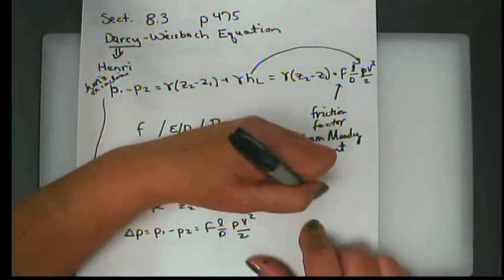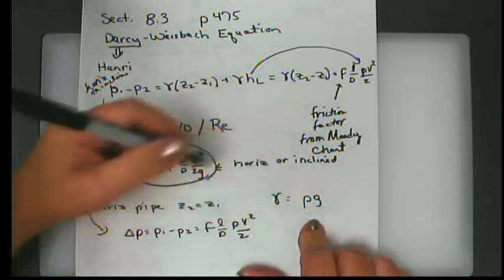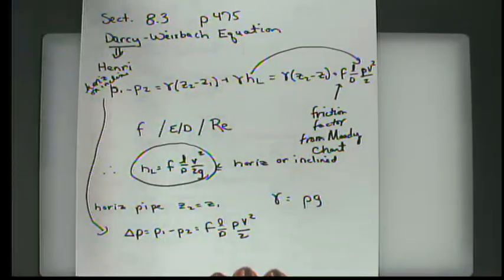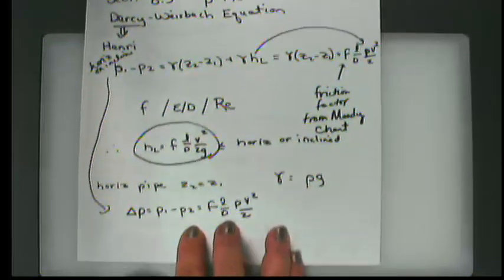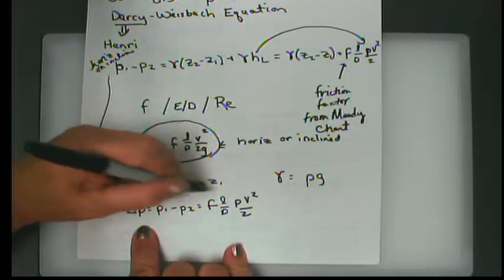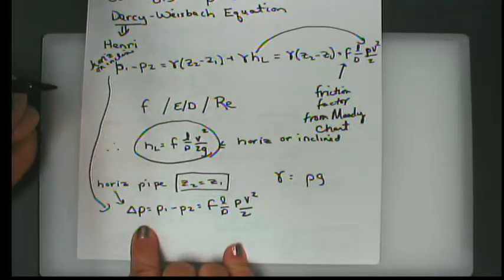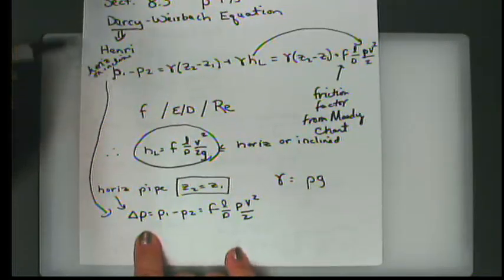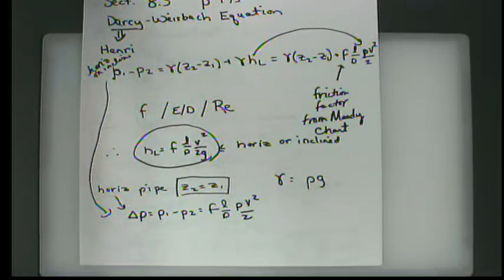So rho times G is equal to gamma, and that's why this is essentially equivalent to this. All right, so this is only for a horizontal pipe because we've eliminated Z2 minus Z1. And this is the Darcy-Weisbach equation, which is either horizontal or on an incline.